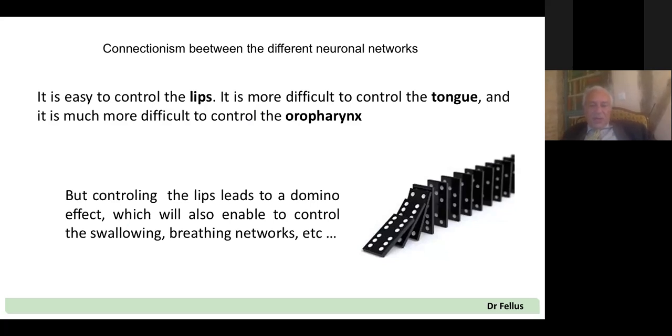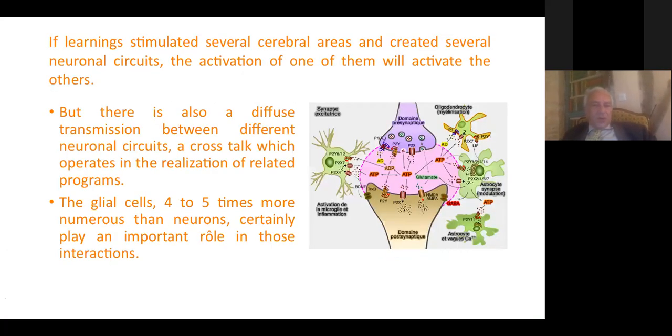And then if you have a good deglutition program, you will stimulate the nasal breathing network, and so on. And you will have a real reorganization, a rehabilitation of all the oral functions only by controlling the lips.